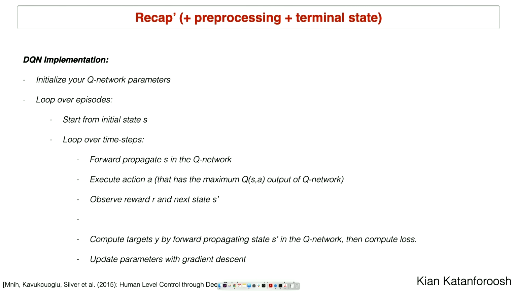One of the things that's pretty simple that we forgot to do is the preprocessing that we just did. So anywhere I had an S, I'm going to instead run S through the preprocessing step and use phi of S. So I initialize with phi of S, start from the initial state phi of S, and then I forward propagate phi of S. I get the Q of that preprocessed state in action A, et cetera.